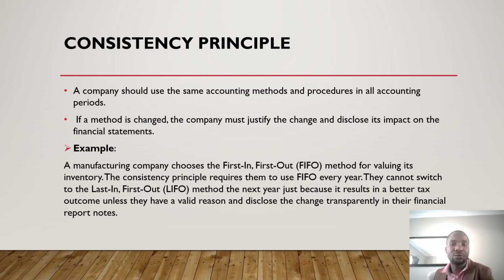They have to disclose the change transparently in their financial report notes. So this is about transparency and comparability. The consistency principle helps to ensure that the financial statements for different periods are easily comparable because you are using the same accounting methods and procedures.